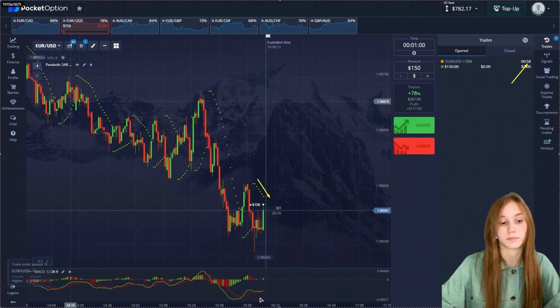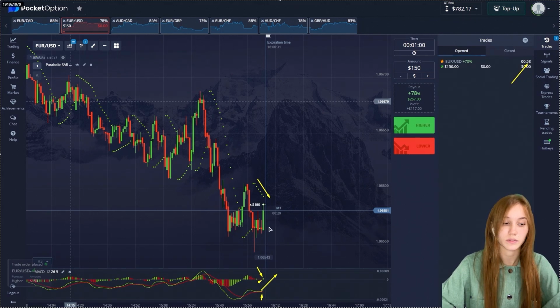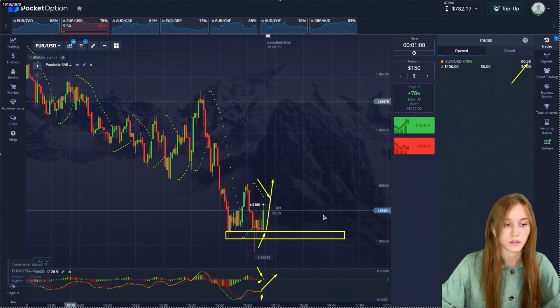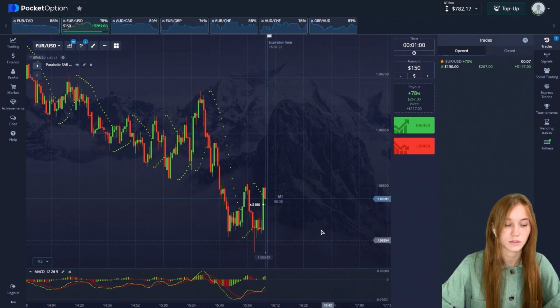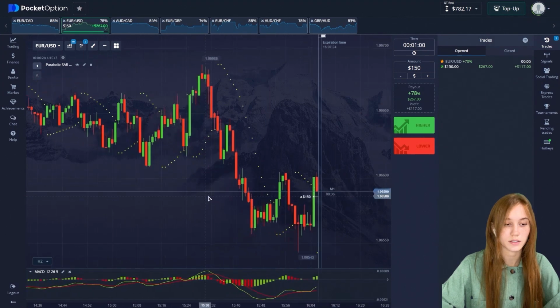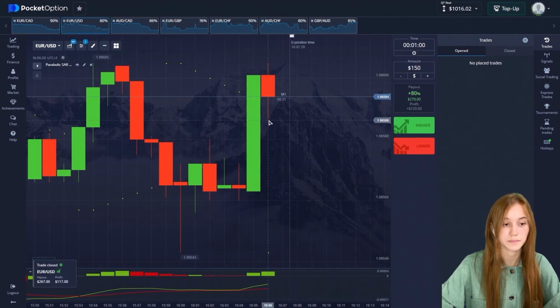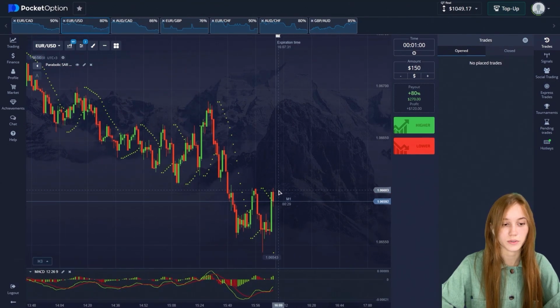But by MACD, we see that the green line is going up, and the red bar is lower. Also, we see increasing trend. 4 seconds left. Zoom it. Yeah. Our deal goes into plus.